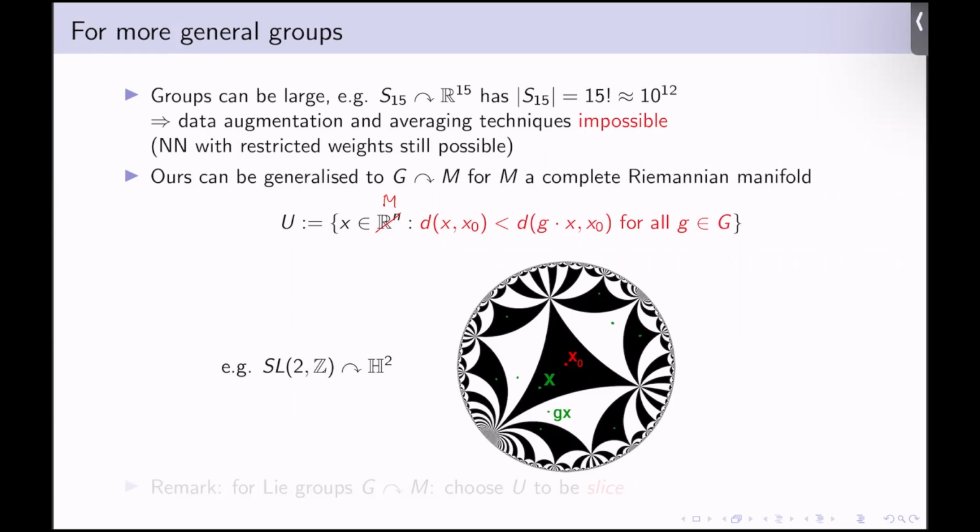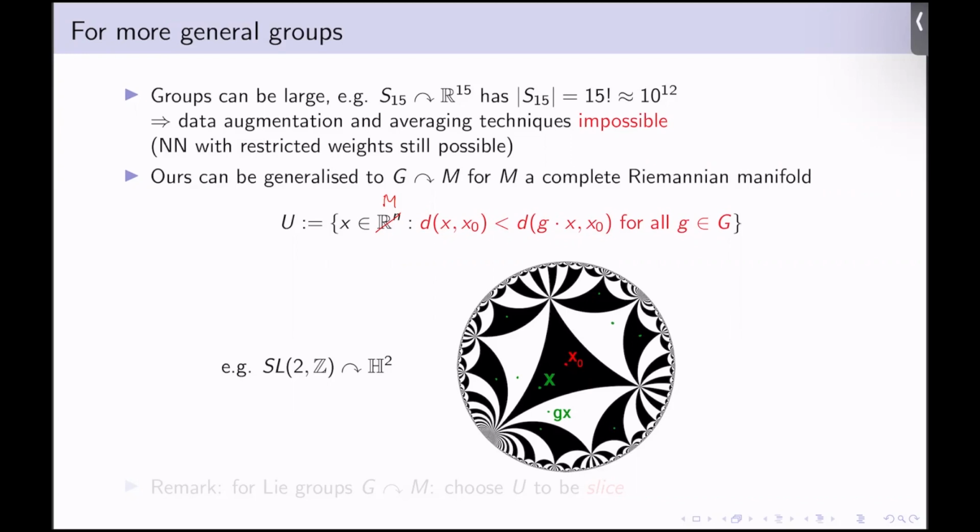And so here's an example. I think the picture is actually not 100% accurate, but it's almost true. This is a picture of the group action of SL2Z on the hyperbolic plane H2. Let's say you pick your point x0, this guy here in the middle.